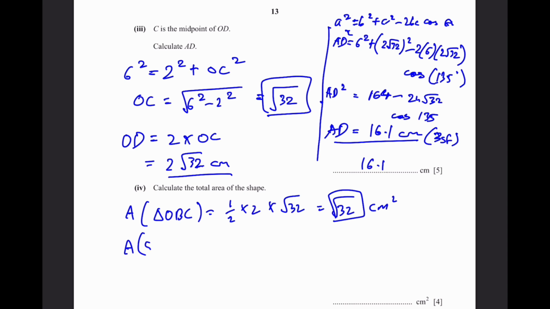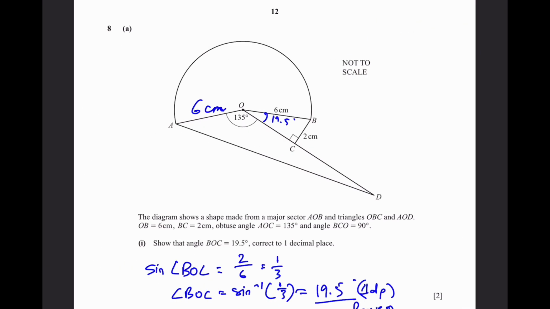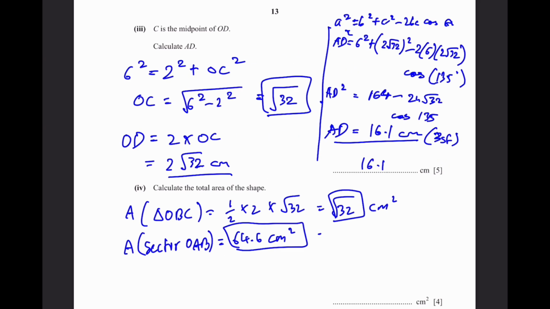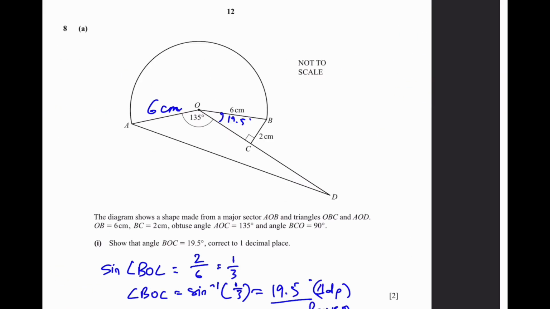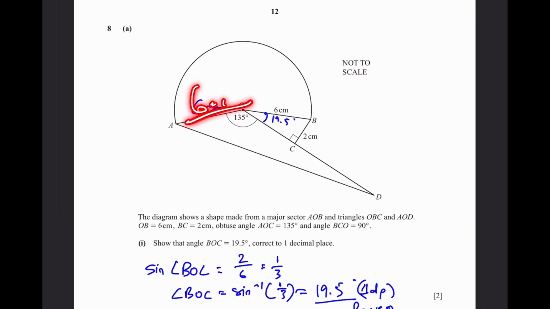So the area of sector OAB is equal to 64.6 centimeters squared. Now we need to find one more area, as I said, this triangle over here. So we know this side length, which is 2 root 32, and we know this side length, 6 centimeters, and this angle is 135, which is enclosed by the two sides.